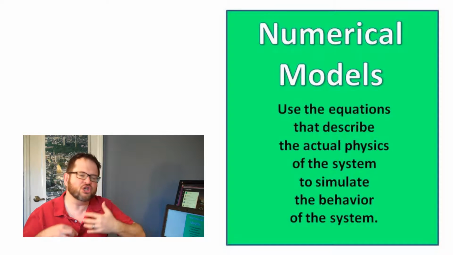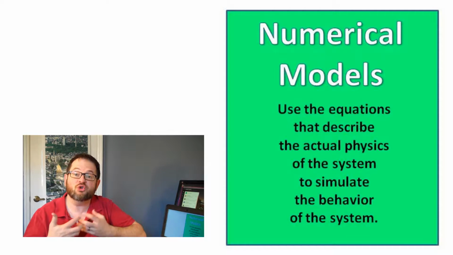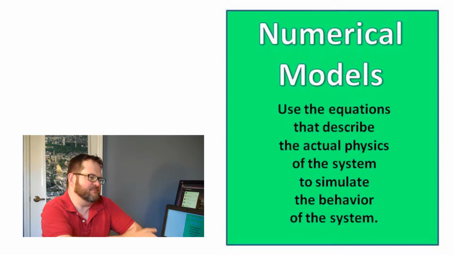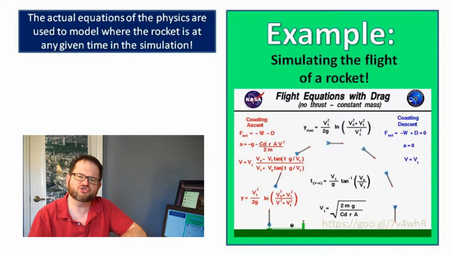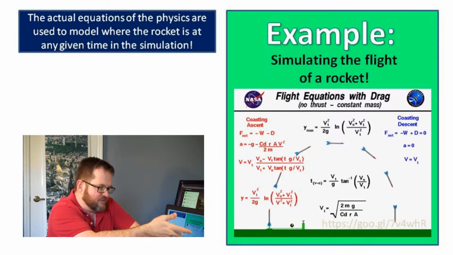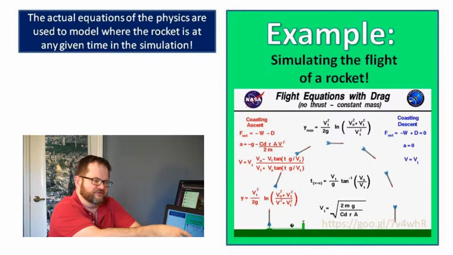They are models that are computer programs that use equations that describe the actual physics of the system that you're trying to simulate. And we had examples of that in that 100 level stuff that you saw. For example, there was this equation, I just stole this slide if you remember from NASA, where they were modeling how a rocket was flying.